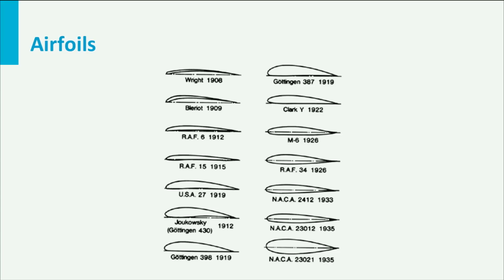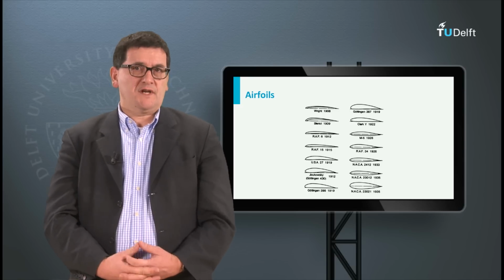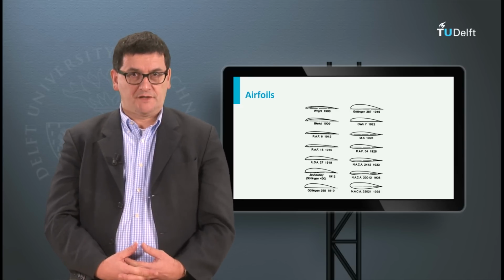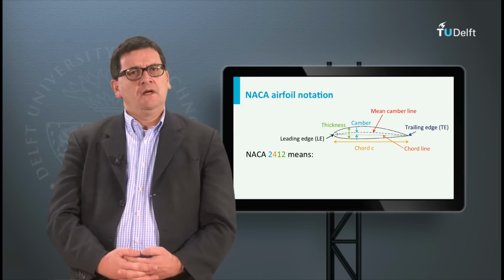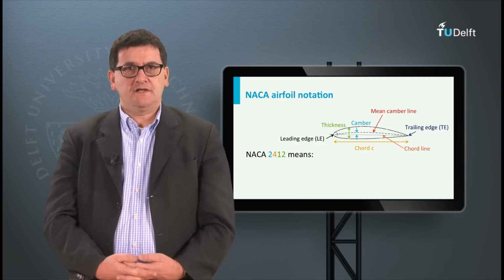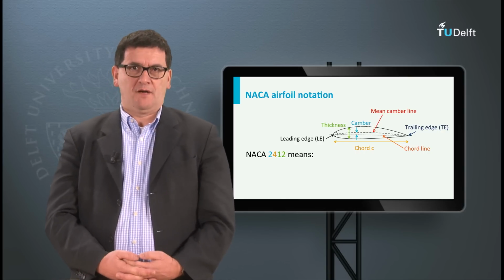Later, in the 1920s, a more systematic nomenclature was introduced, which is still used today, the NACA profiles. NACA stands for National Advisory Committee for Aeronautics, a committee founded in the US. NACA airfoils are identified by a specific four-digit number.